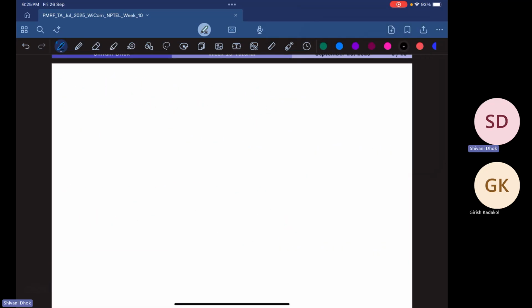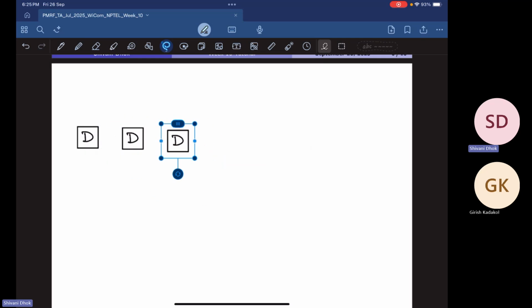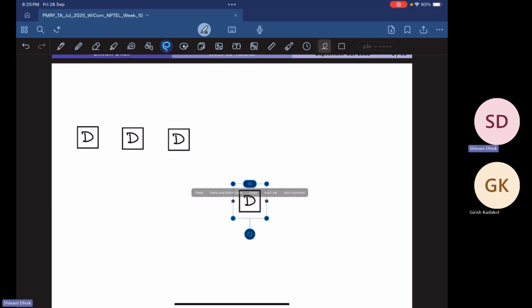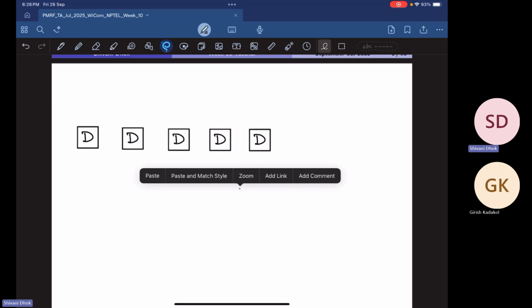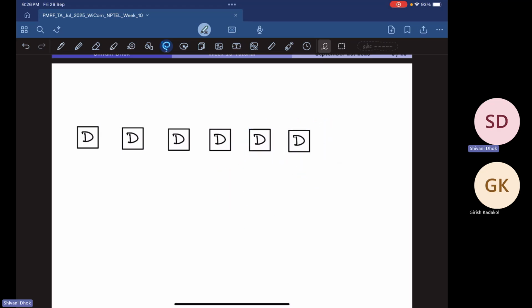So let me quickly draw them. Five, 6, and we have 7. Yeah, so this is what we have.